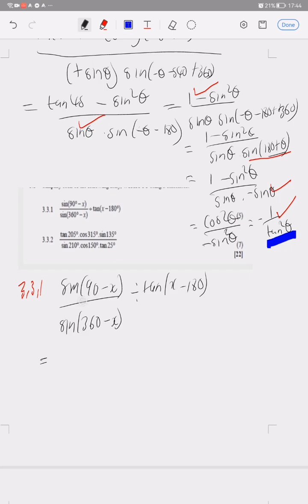Right, so in this one, 90 minus x, which quadrant is that one? 90 minus x is in the first quadrant. So sign is positive, but since we have a 90, it becomes cos x.